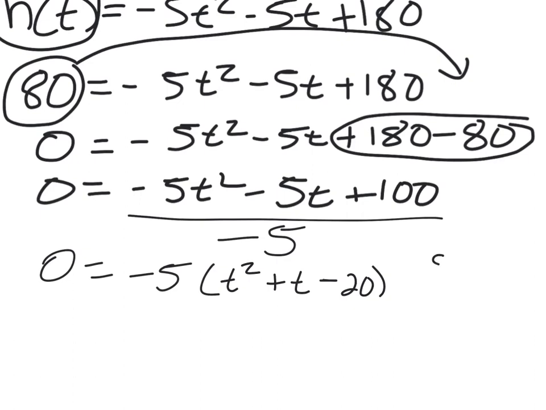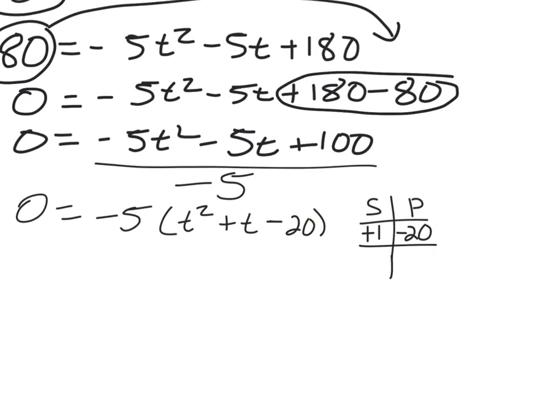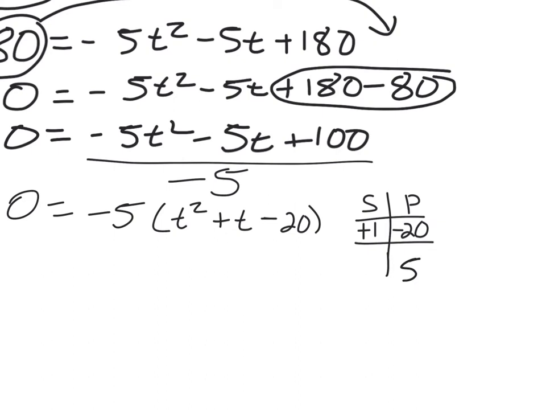So now I can use sum and product to solve for positive 1 and negative 20. Two numbers that multiply to give me 20 are 5 and 4. I'll give the sign of the sum to the bigger number. That means that my 4 is a negative to satisfy my sum and product.